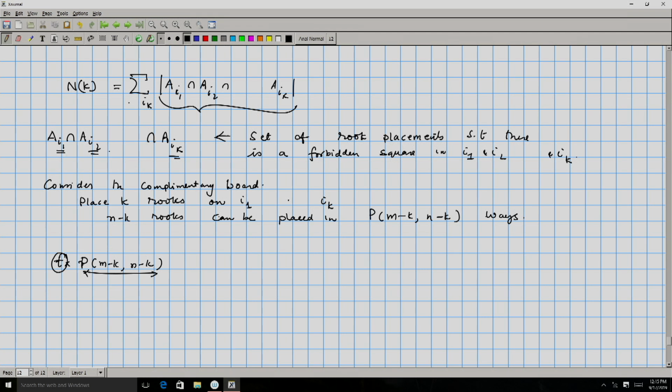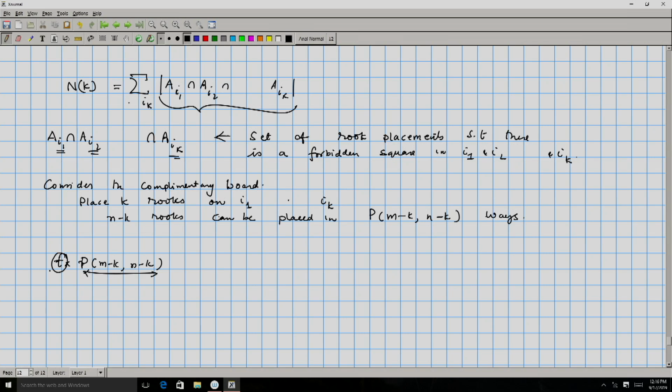This is for one particular I1, I2, Ik. If you sum it up over all possible I1, I2, Ik, that is going to give you the total number of ways of placing k rooks on the complementary board.